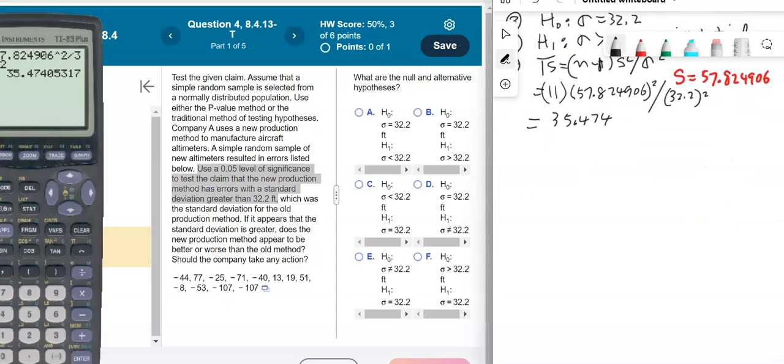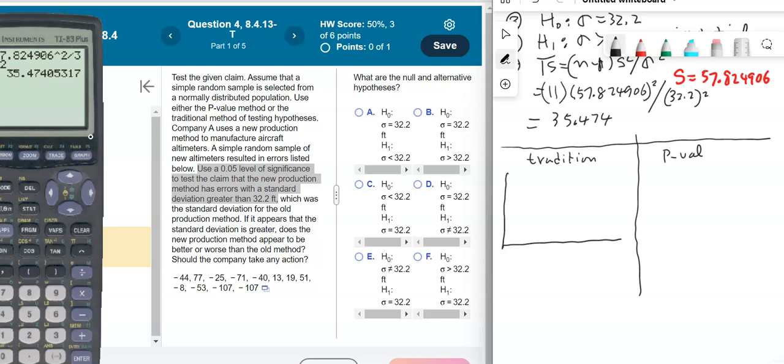Okay, so now they said either traditional or p-value. I'll do both. Okay, so here this is traditional. This is p-value. Now traditional, you need to find what? Critical value, right? This is a right tail test. This is the critical value right here. What is the area?